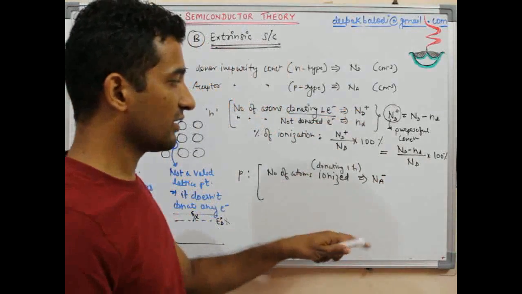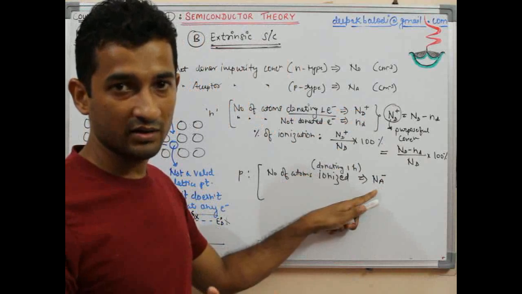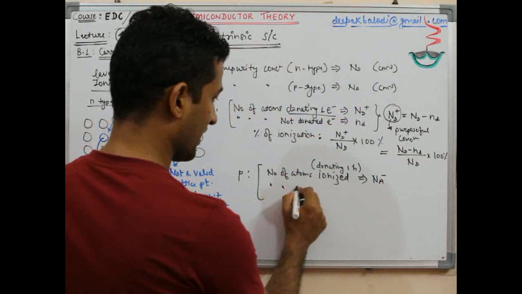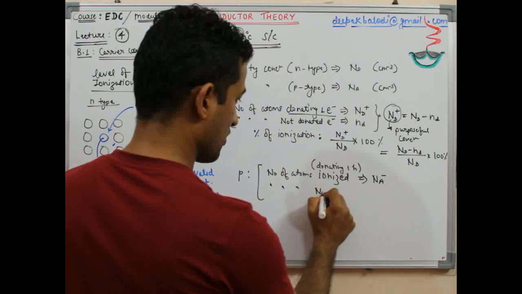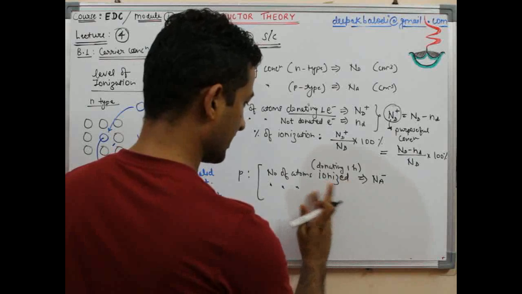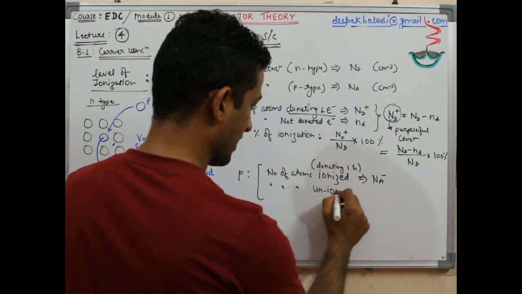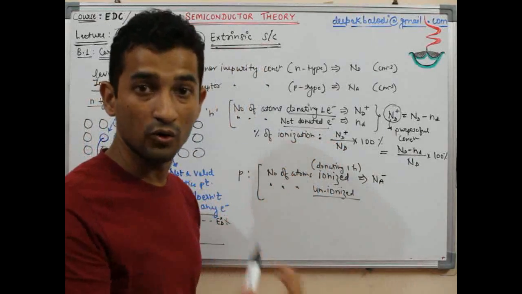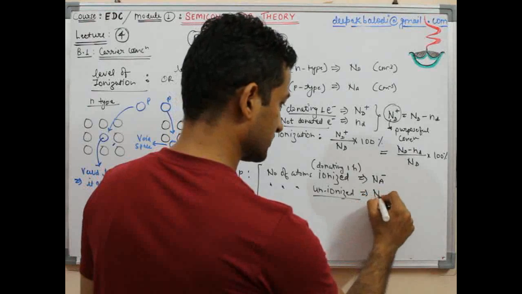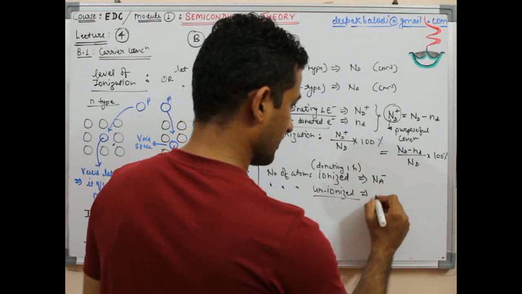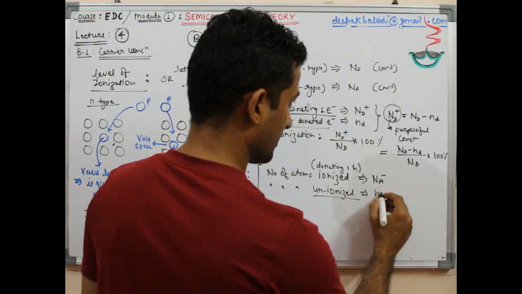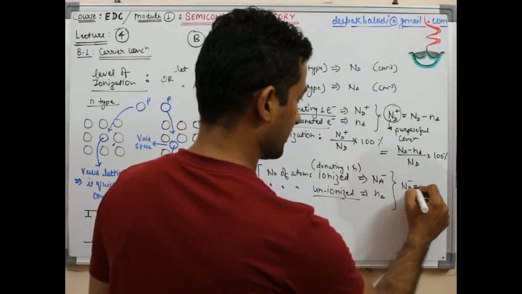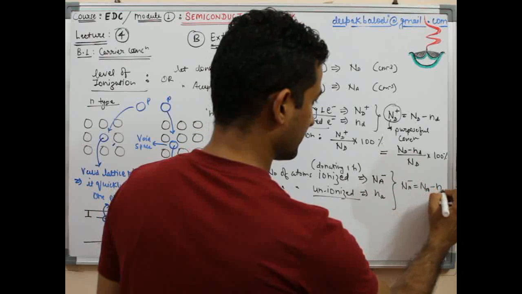So the Na minus atoms that have donated are the purposeful or desirable amount, and the number of atoms not ionized, let me call them unionized. Unionized is the same as not donating one hole here. So that is Na. Then again we can write Na minus is Na minus Na.